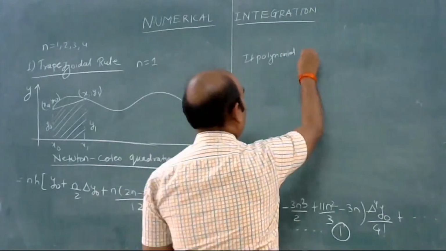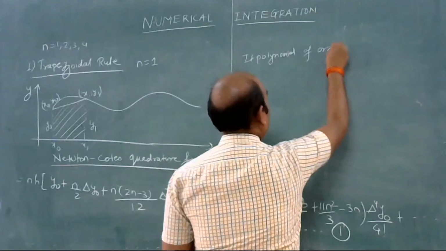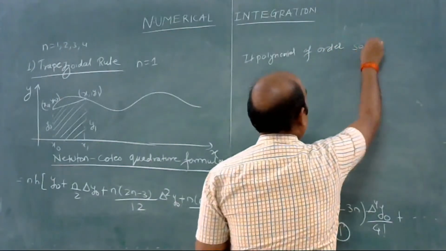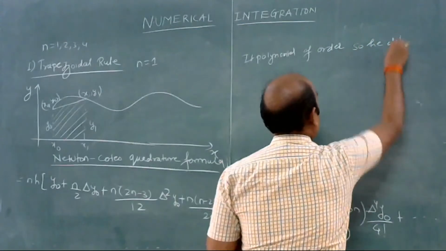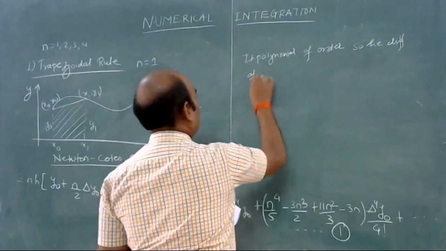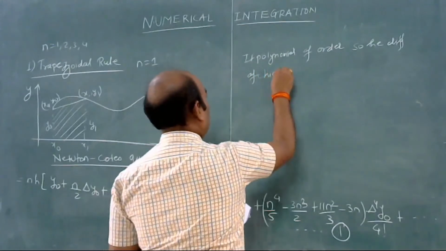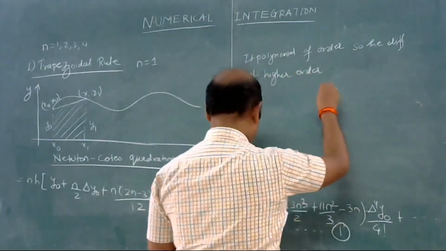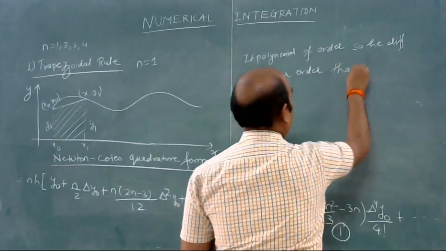Polynomial of first order. So the difference of higher order than first becomes 0.